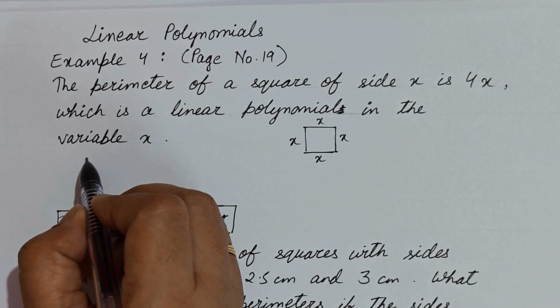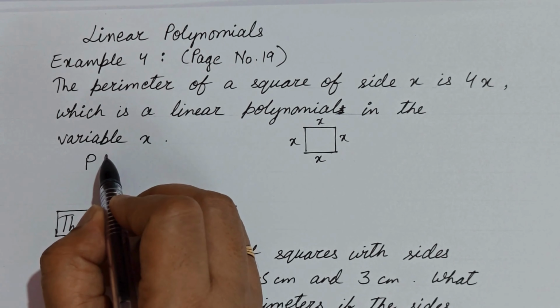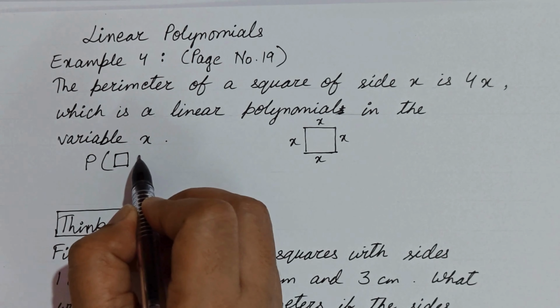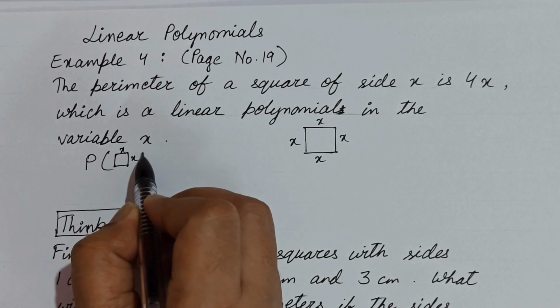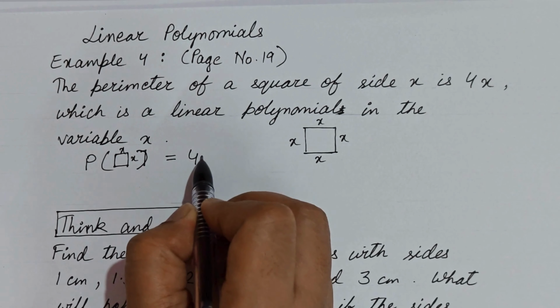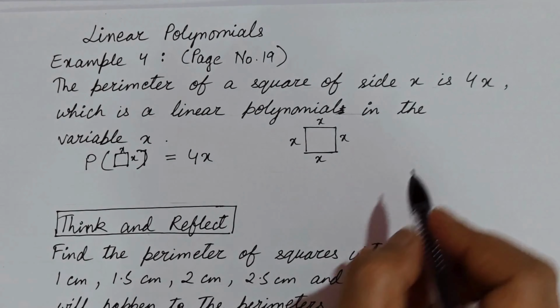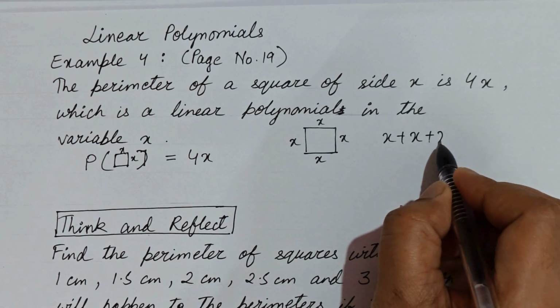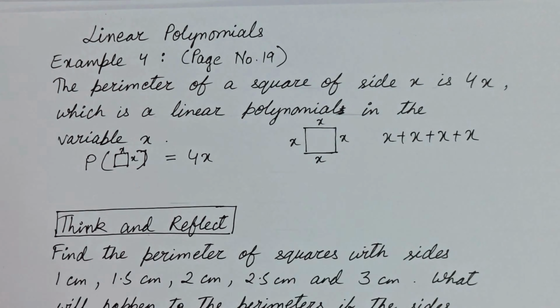So I can write that the perimeter of a square with side x is equal to 4x. How? x plus x plus x plus x.